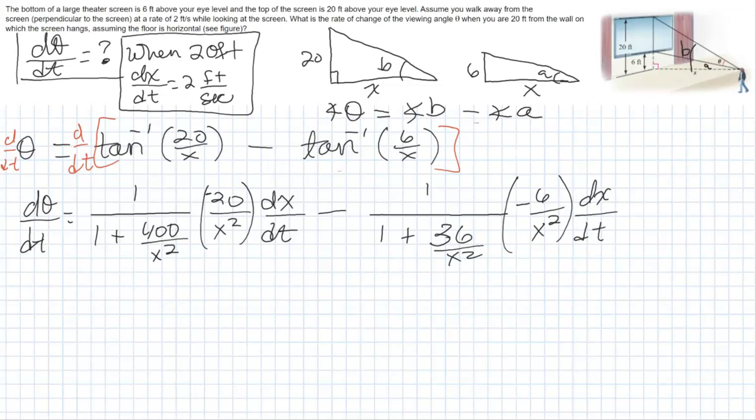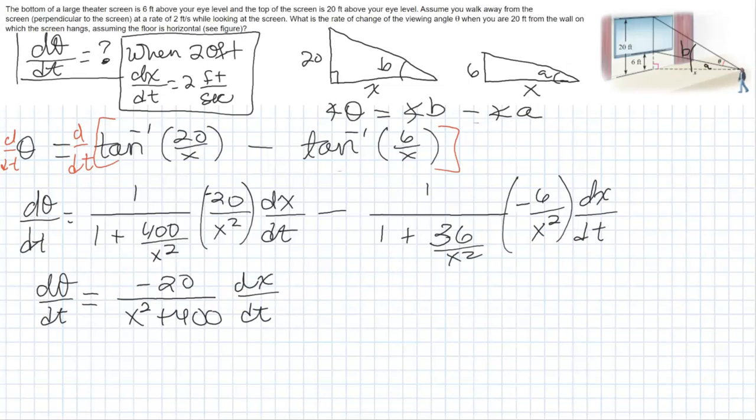Let's clean that up. d theta dt is going to equal, when you take the x squared and distribute it into each one of these, it cancels out the x squared. So on the numerator, you will have negative 20, and on the denominator, you will have x squared plus 400, times dx dt.